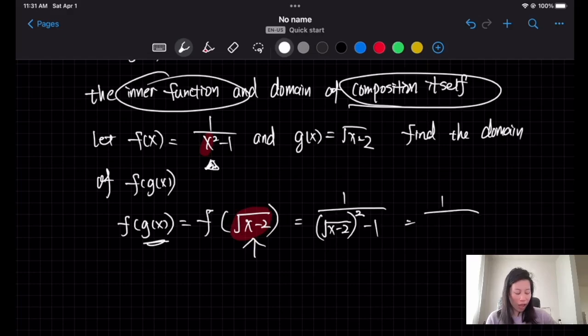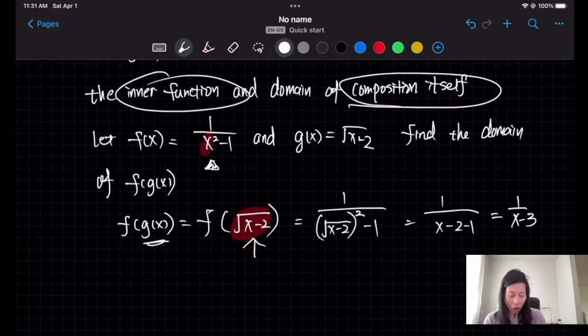Now we simplify. Square root and square cancel. I have x minus 2 minus 1, which is 1 over x minus 3. So when you think about the domain, you need to consider two parts.